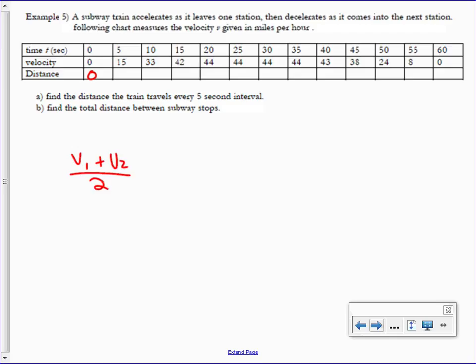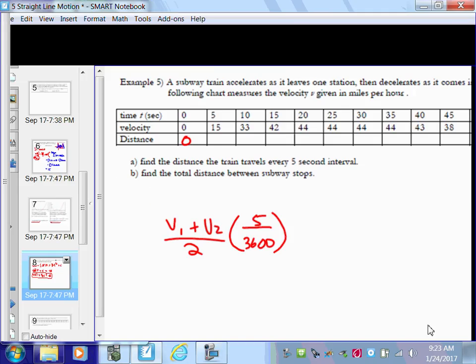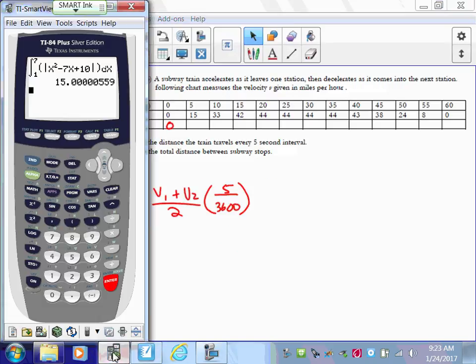And multiply that by, how do you change seconds to hours? 3,600. So the next one would be 0 plus 15 divided by 2, times 5 divided by 3,600.